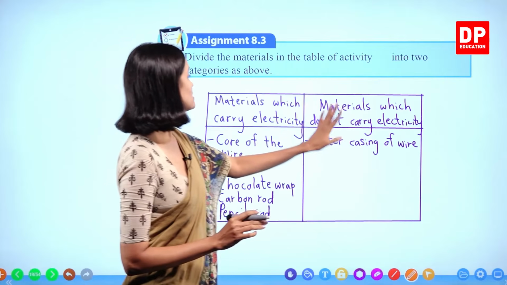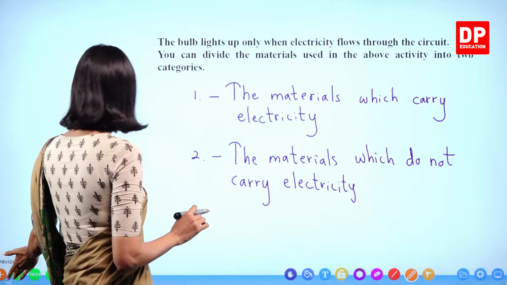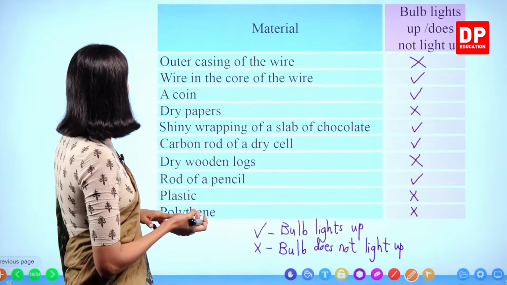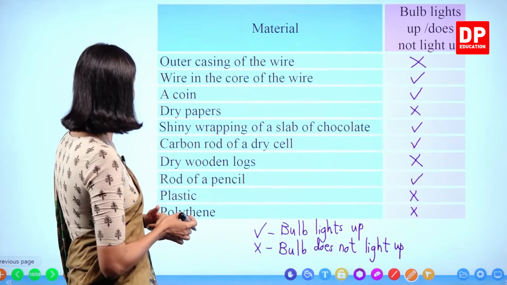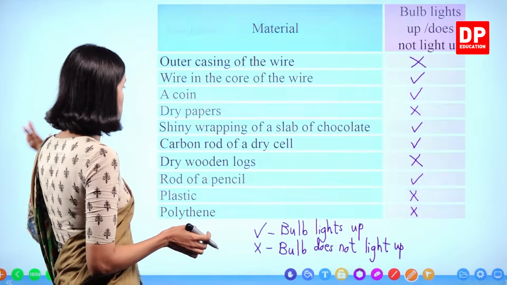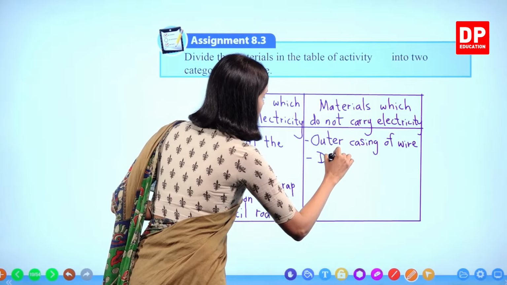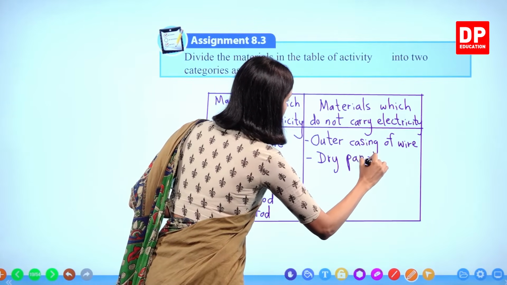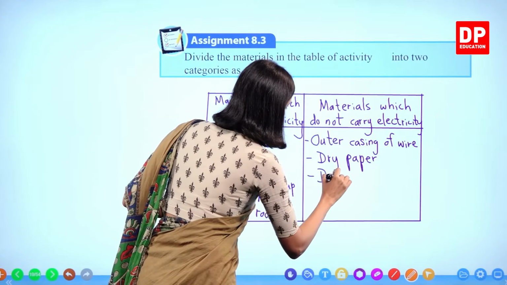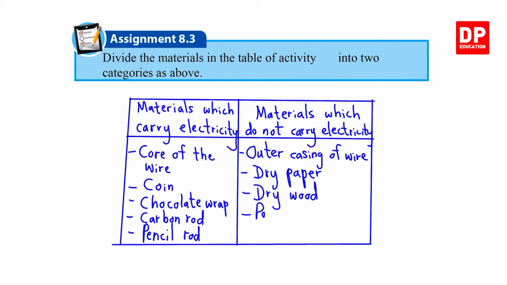Okay? What about the materials which do not carry electricity? Outer casing of wire. What are the other things, children? Let's write dry paper, dry wood, plastic, polythene. Dry paper, dry wood, polythene, and plastic.